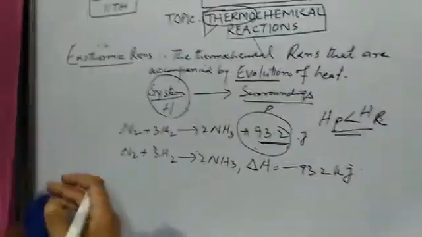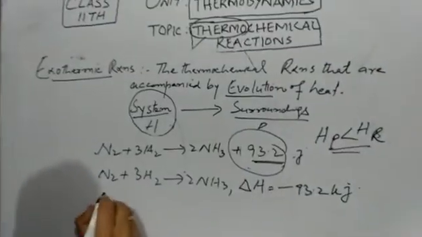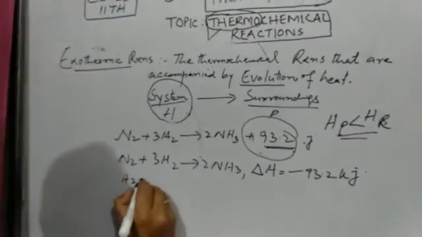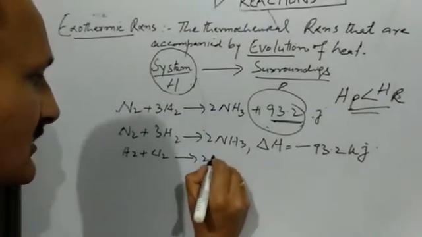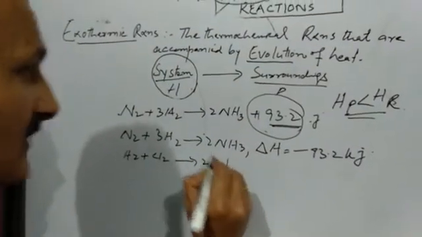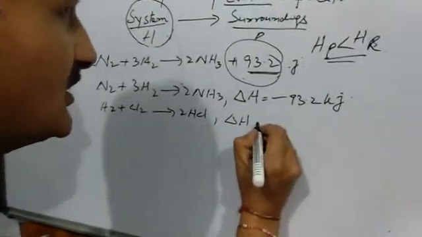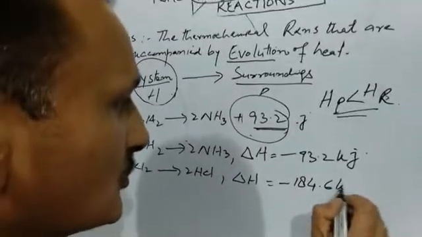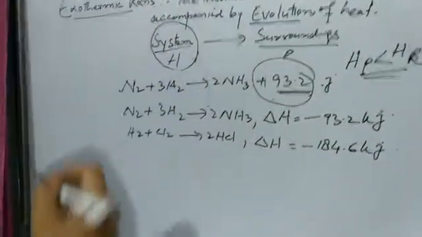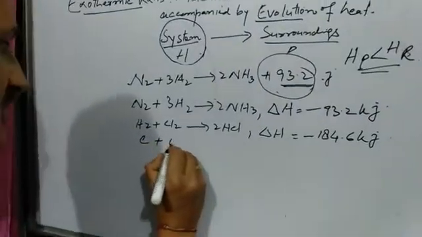Now we can take other examples of exothermic reaction. For example, hydrogen plus chlorine gives twice hydrogen chloride. In this reaction, delta H will again be negative. It is minus 184.6 kilojoules. Let me give some other examples. Say carbon plus oxygen.